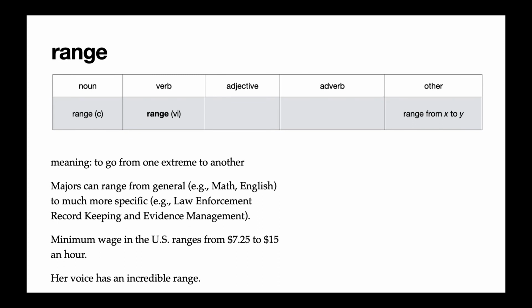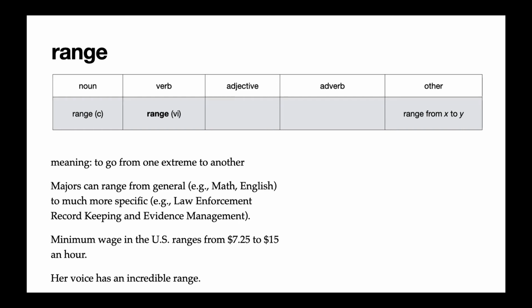Our next word is range. Range is an intransitive verb that means to go from one extreme to another. And one extreme to another means from big to small, or from easy to difficult. So it shows one thing very, very much in one direction and one thing very, very much in the opposite direction.